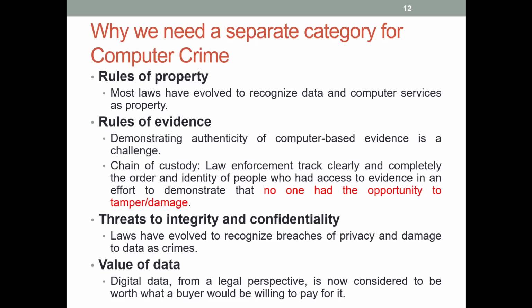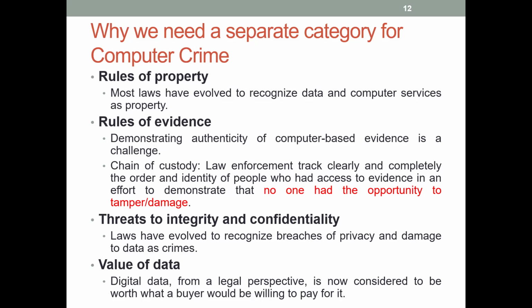The next one is the rules of evidence. From a legal perspective, we need evidence. If you murder someone, we need evidence, that is physical evidence. Likewise, we maintain some different mediums of evidence. But for computer crimes, the evidencing behaviors are totally different.